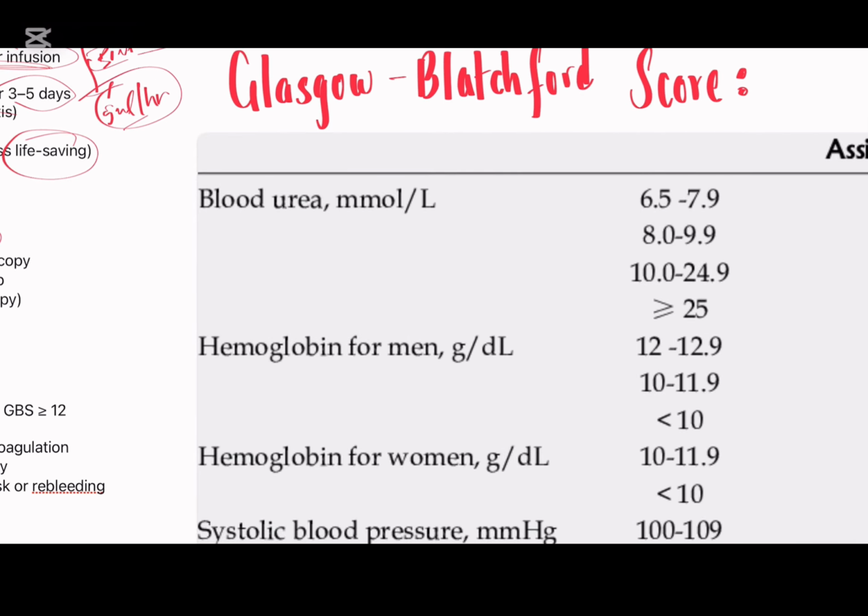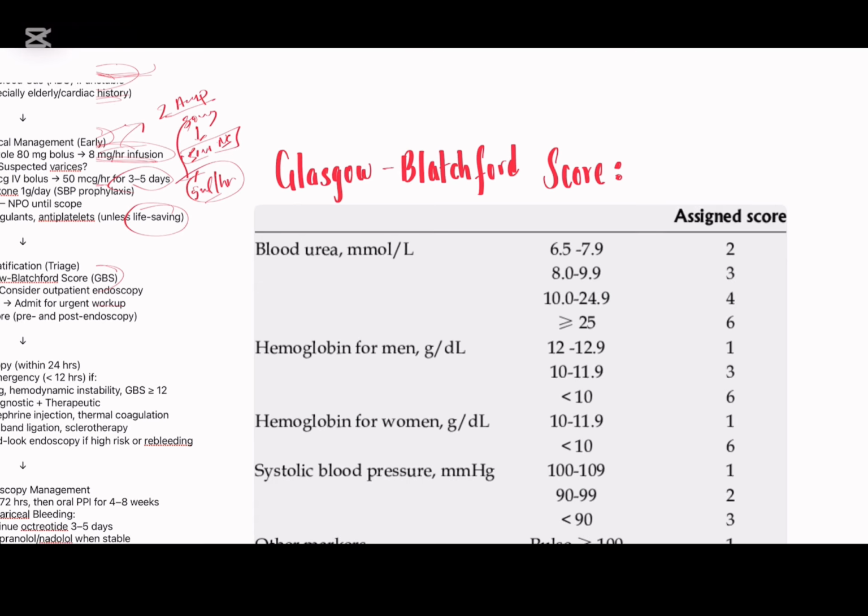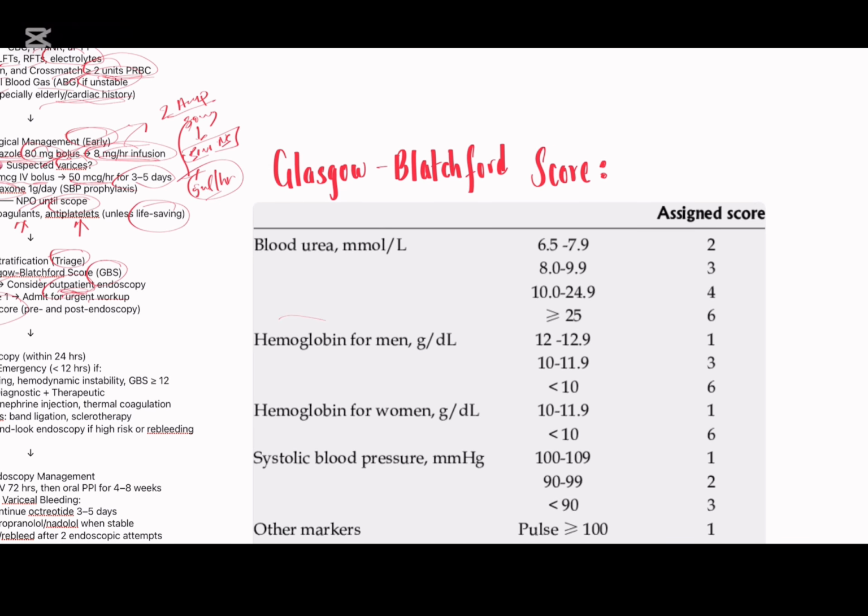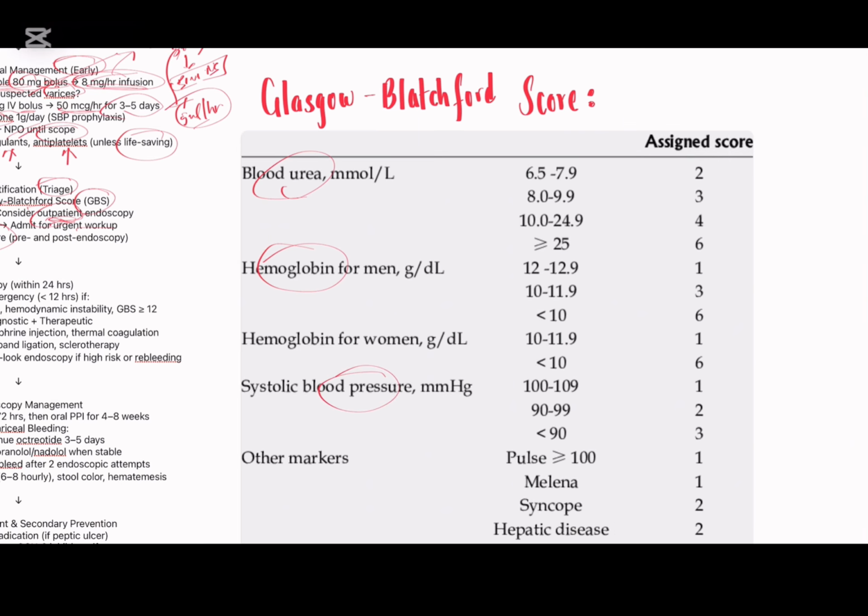Now let's see the Glasgow Blatchford score. It has components like hemoglobin, blood urea nitrogen, systolic BP, and other markers like pulse, melena, syncope, hepatic disease, and cardiac disease. If the blood urea nitrogen is less than 6.0, then it's 0. If hemoglobin is more than 13 in men and more than 12 in women, it is 0.